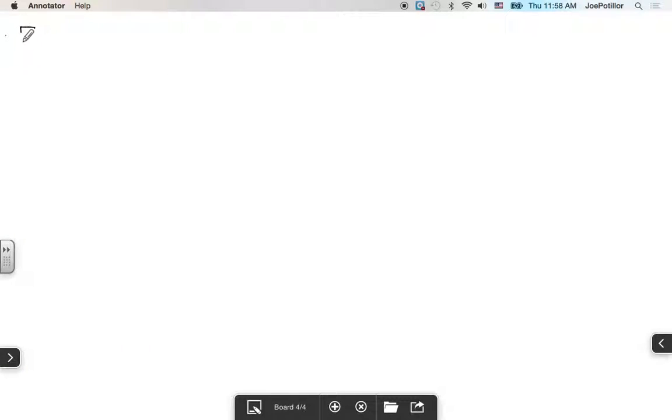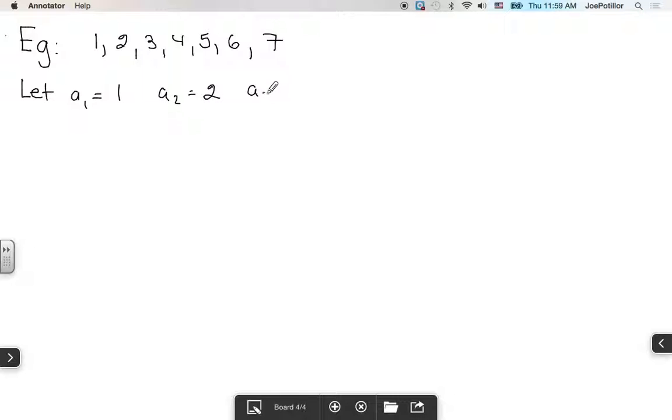Let's continue with our basic sequence of 1, 2, 3, 5, 6, 7. And then I want to let A1 equal 1, A2 equal 2, A3 equal 3, so on and so forth. A7 equals 7. I want to show you a pattern that's developing.